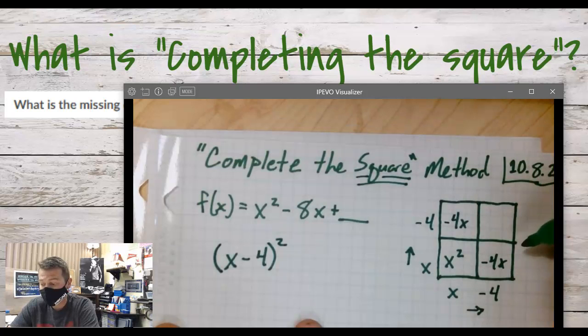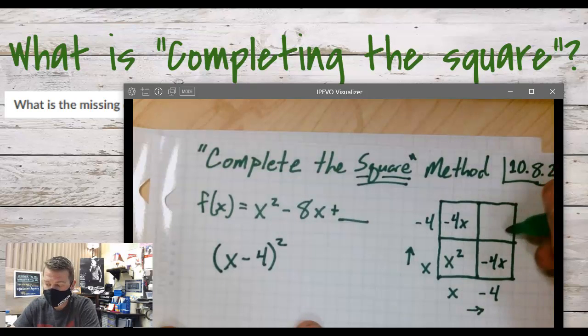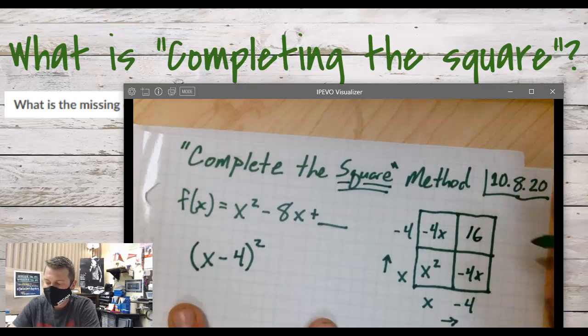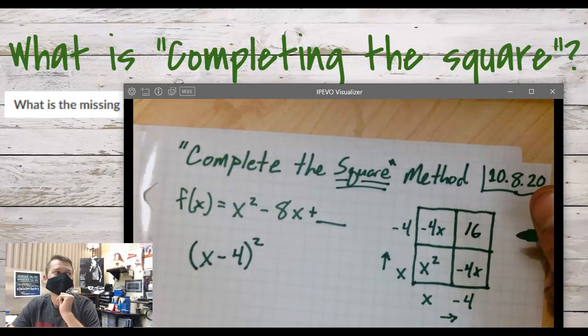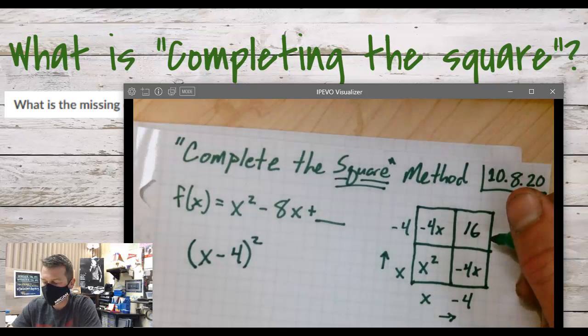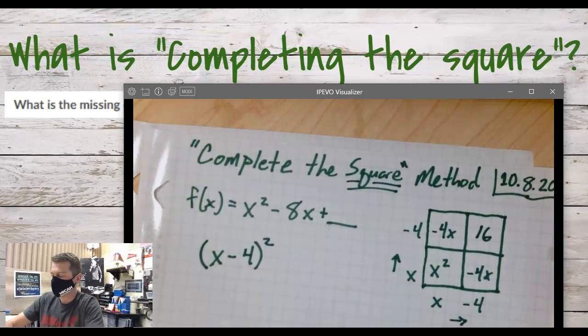Now, if it's a perfect square, what does this have to be? 16. Can anyone make a guess or a conjecture of a rule we might be able to apply to find the missing constant? Now, hold on.